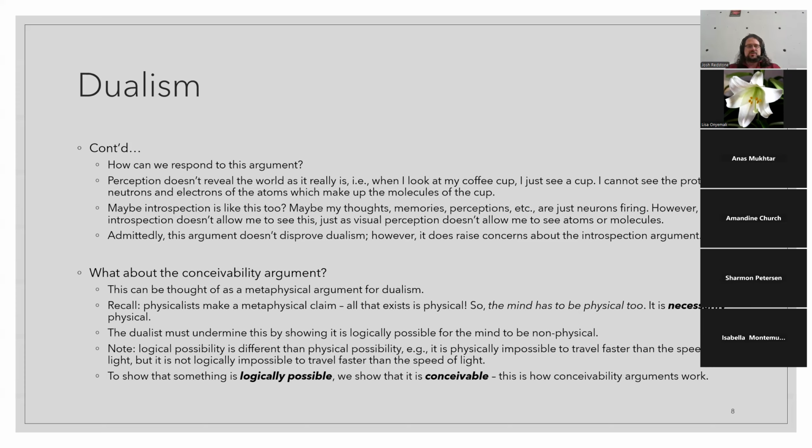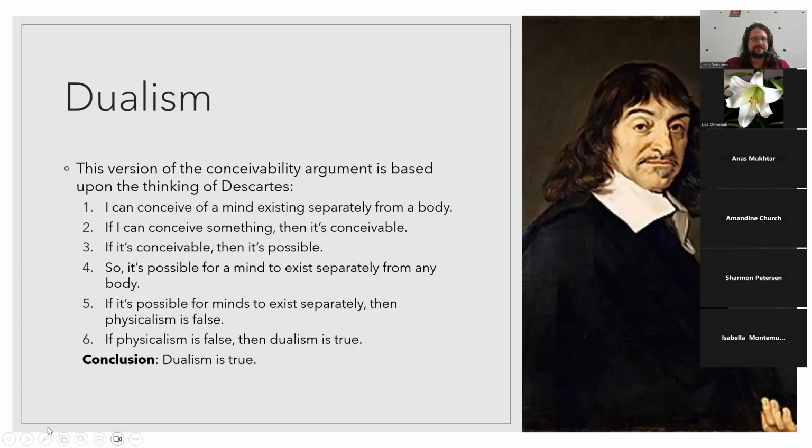So to show that something is logically possible, you have to show that it is conceivable. This is what conceivability arguments are all about. And we get this version of a conceivability argument that comes from Descartes. Descartes didn't put it exactly this way, but this is based on a reading of Descartes.